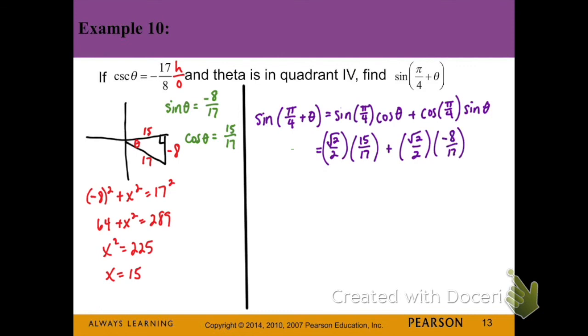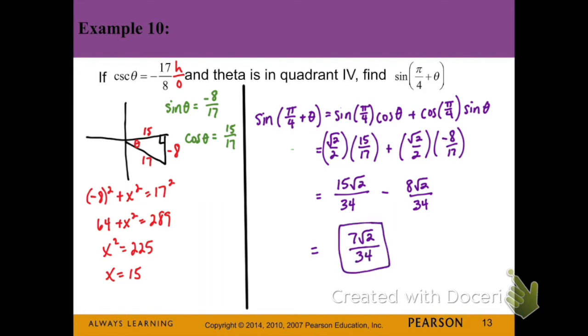Remember, we get those sine and cosine values for pi over 4 by thinking back to the unit circle and finding the x and y coordinates at pi over 4. Now I'm going to combine fractions by multiplying my numerators and denominators, and then write it as one fraction. 15 square root 2 minus 8 square root 2 is just 7 square root 2. And then we still have 34 on the bottom.